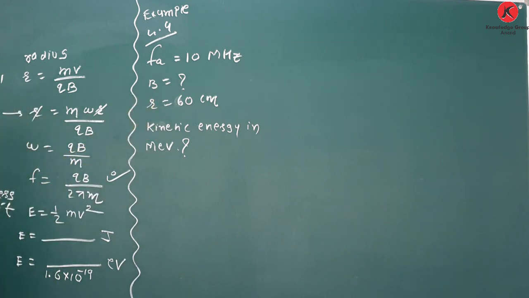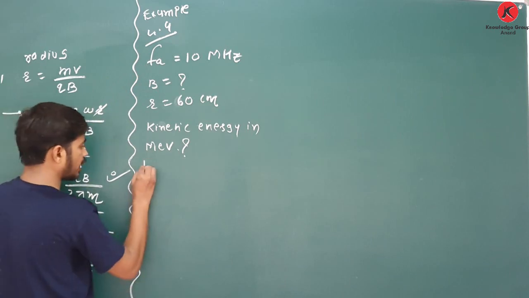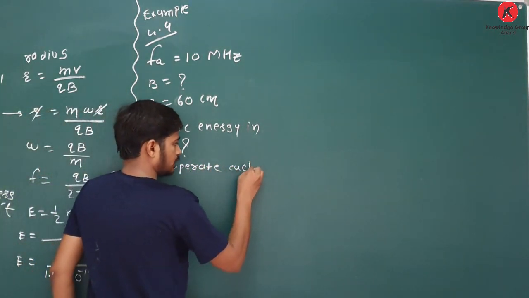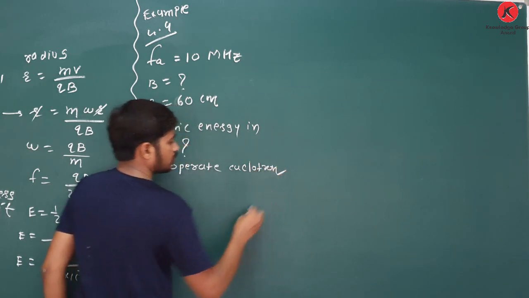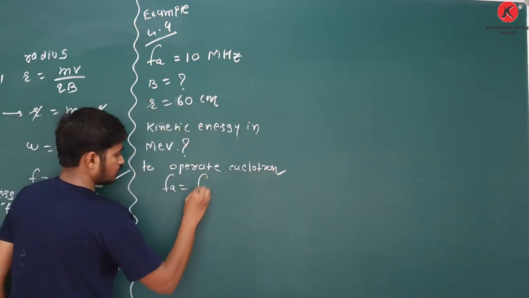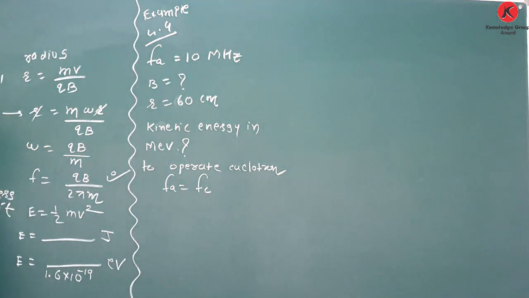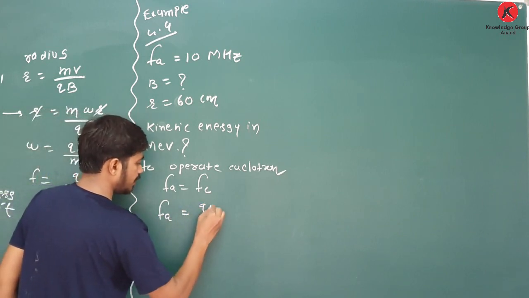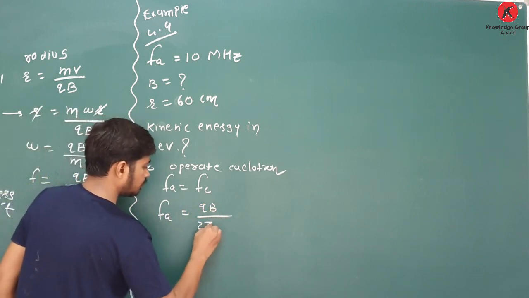See how to find. We know that to operate a cyclotron, fa is equal to fc. So it is the equation of frequency if you remember. I can write fa is equal to qB upon 2 pi m.